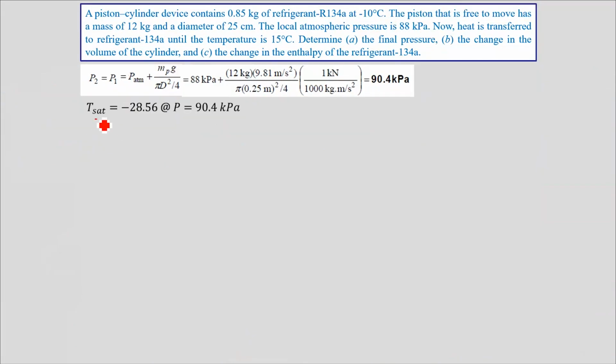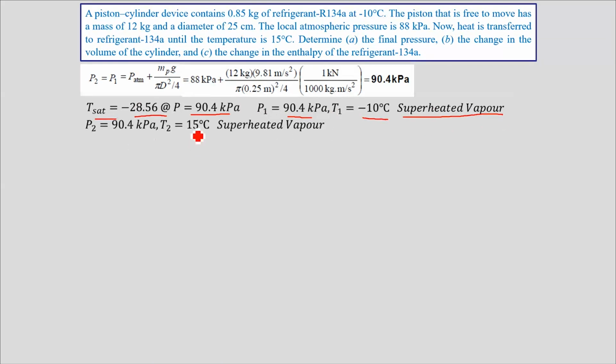This means that at 90.4 kilopascal, for state 1, since your temperature is minus 10 degrees centigrade, which is greater than saturation temperature, you are in the superheated vapor region. Similarly, for the second state, you are again in the superheated vapor table.